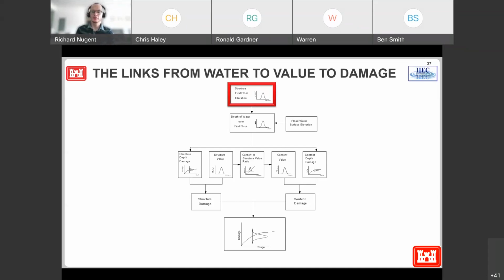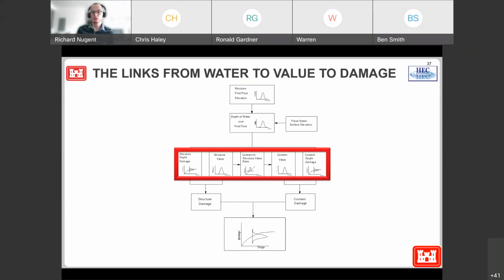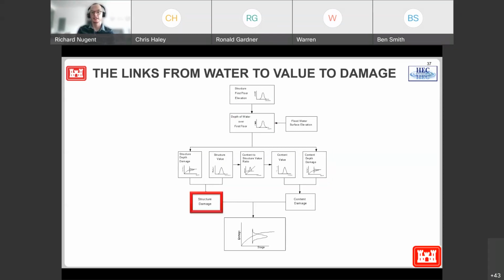So that determines a distribution of depth of water above the first floor for a given water surface elevation. This distribution of depth of water above the first floor translates into a distribution of percent of structure value and content value damaged, which are linked to the respective structure and content value distributions, which produce a distribution of structure damage and a distribution of content damage.